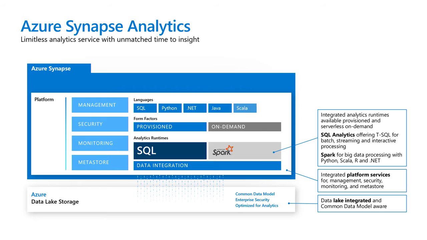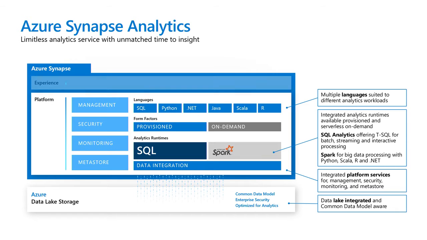And for this discussion, important is the various languages. T-SQL, of course, is fundamental, but more and more we're seeing people using Python and Java and Scala in the world of Spark. So all of these are capabilities that you have in the Azure Synapse Analytics environment as well.